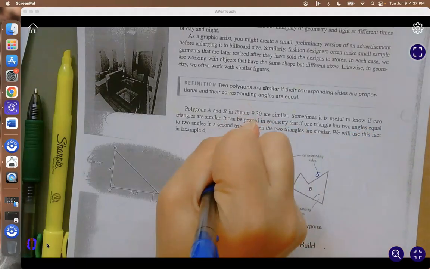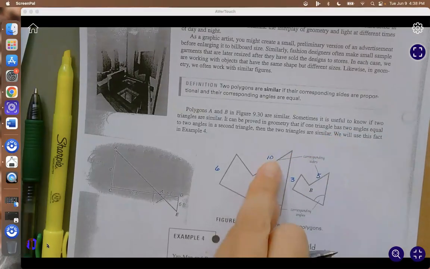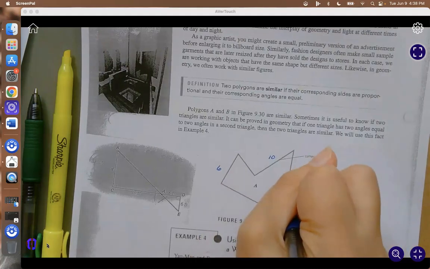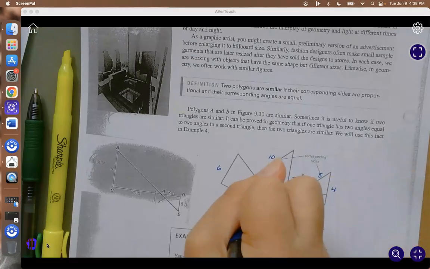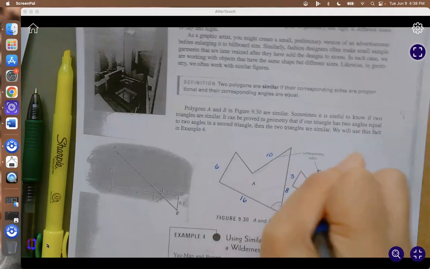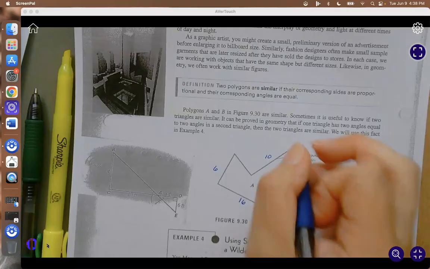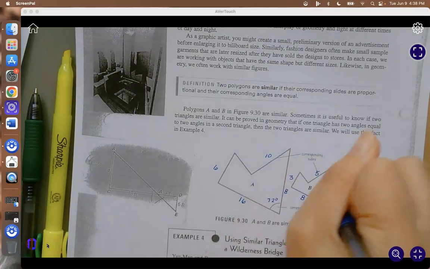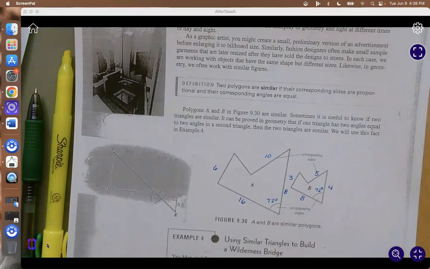Well, if this is 6, this is going to be 3, because this one's half of this one. Let's say this one's 8, so this one's 4. Let's say this one is 16, so this one's 8. Then the angles would be the same. So let's say that this is a 72-degree angle. This is going to be a 72-degree angle. So the angles are the same.